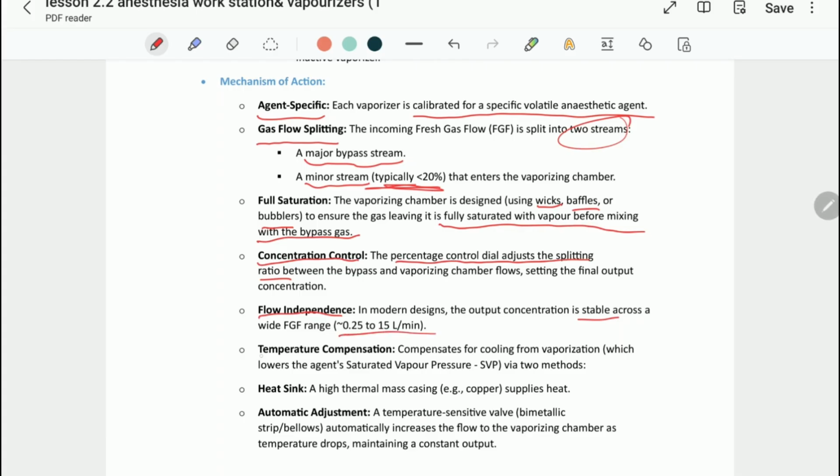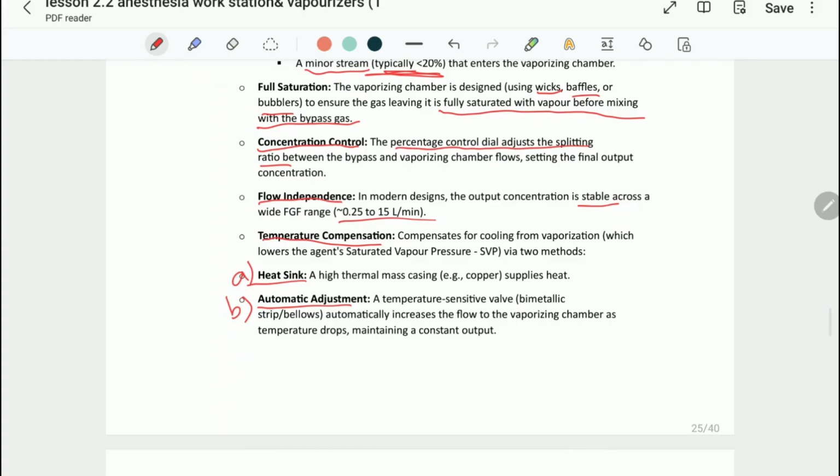They all are temperature compensated, that is, compensated for cooling from vaporizing, which lowers the agent's saturated vapor pressure, via two methods. Either via a heat sink: a high thermal mass casing, usually made of copper, supplies the heat. Or by automatic adjustment: a temperature sensitive valve, which consists of a bimetallic strip or bellows, automatically increases the flow to the vaporizing chamber as the temperature drops, maintaining a constant output.